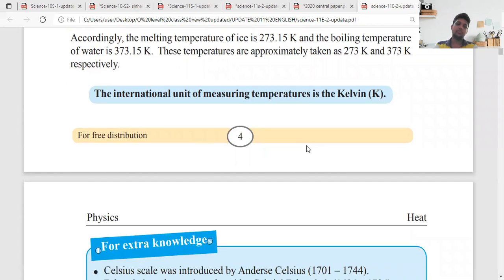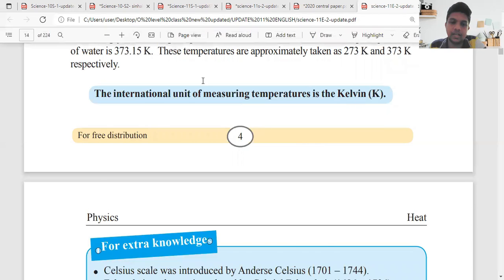The international unit of measuring temperature is the Kelvin, capital K. Okay, done.